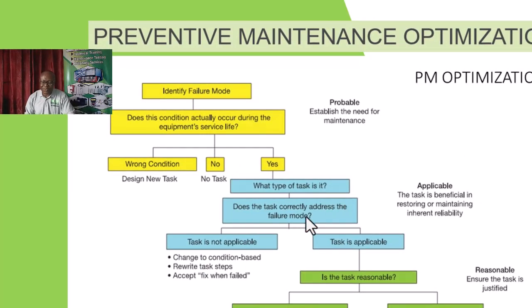So we'll now ask ourselves the next question: does that task already address the failure mode? All the things that we are doing, does it address this failure mode? So that actually looks at the applicability of that task, whether the maintenance task is beneficial in maintaining the inherent reliability of the system.